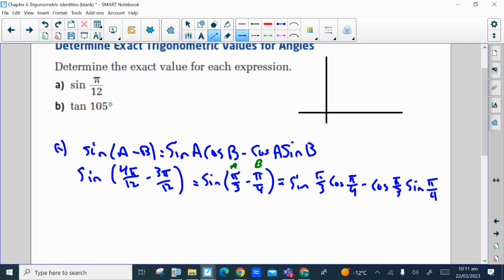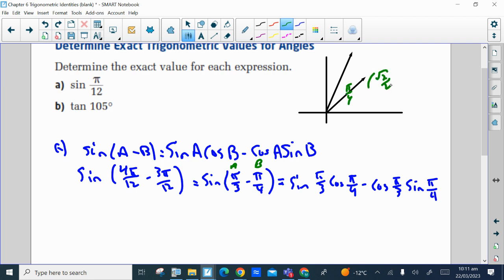So to get those values, we have pi on 4 and pi on 3. So at pi on 4, the coordinates are both root 2 over 2. And at pi on 3, it's 1/2 comma root 3 over 2.